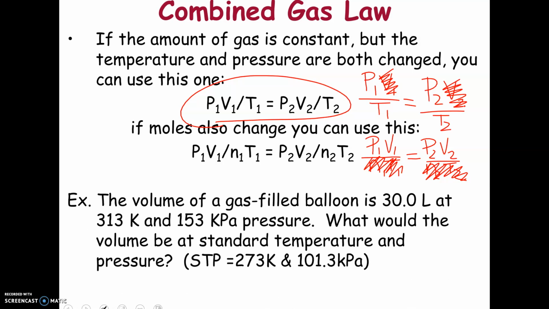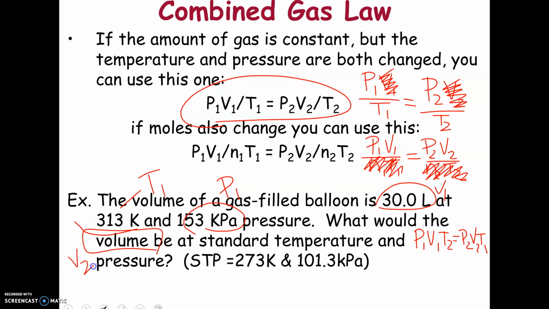And so we could take this one and solve it. Again, I would recommend you cross multiply, so you would get P1 V1 T2 equals P2 V2 T1. So for this one, we have a V1, we have a T1, we have a P1. They are asking for V2, and they're saying to do it at STP.